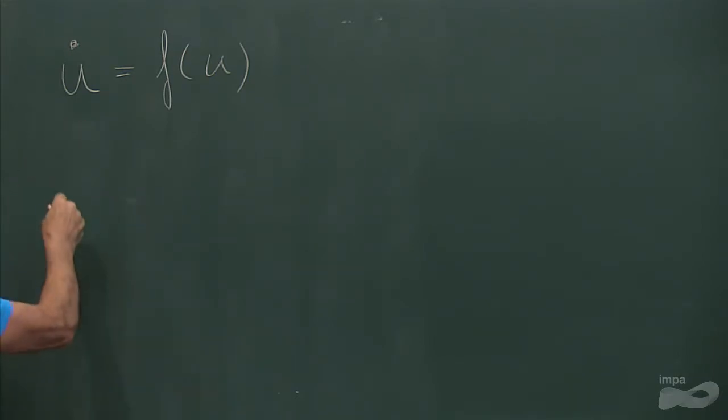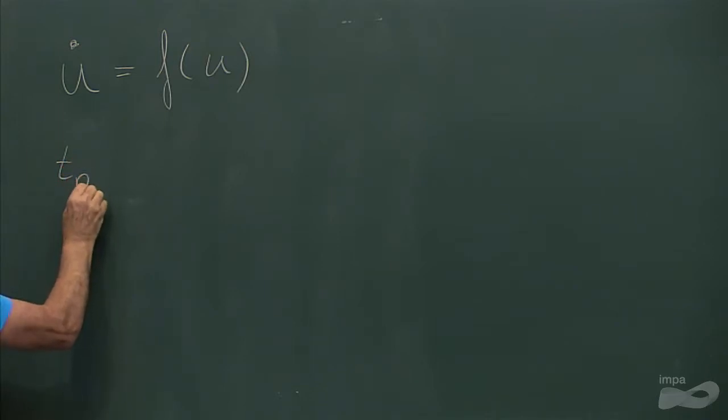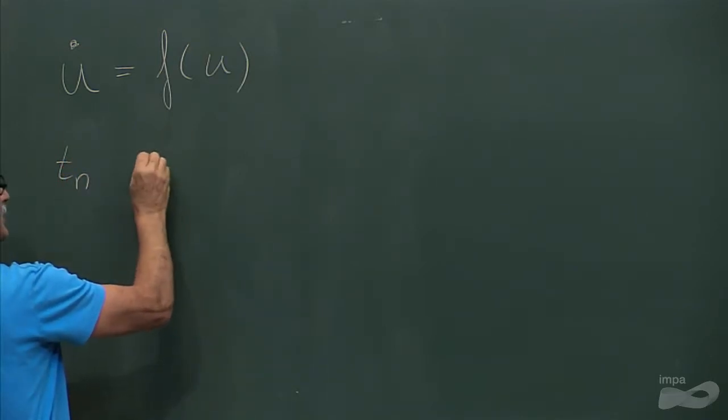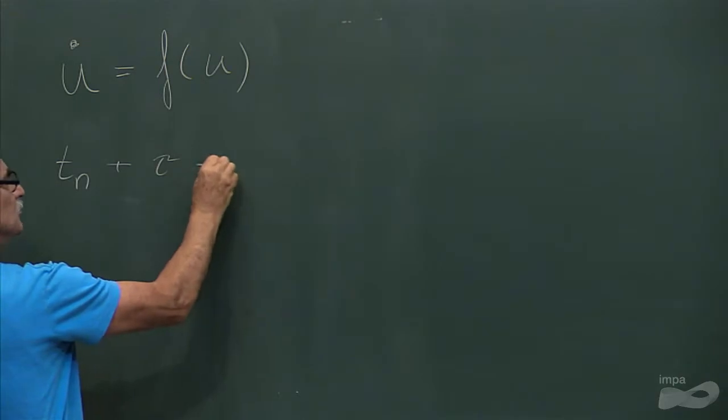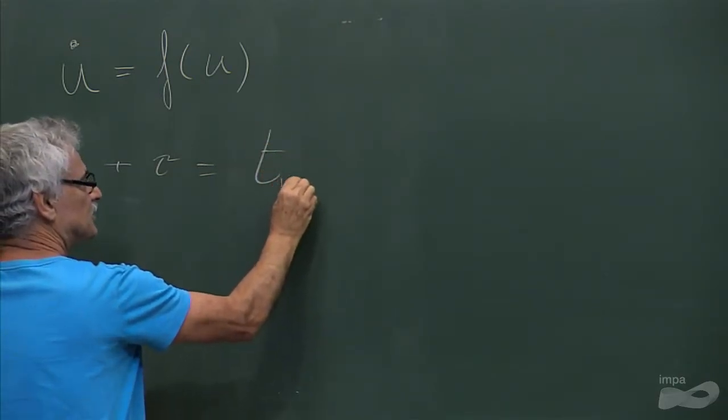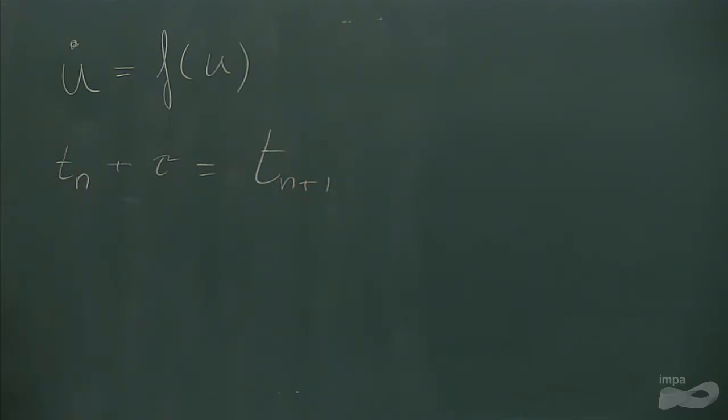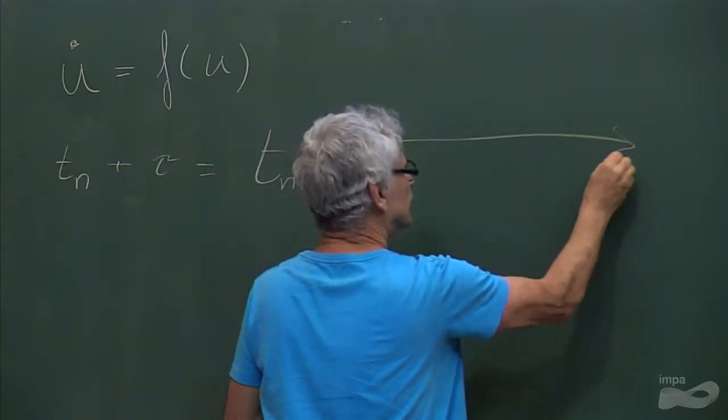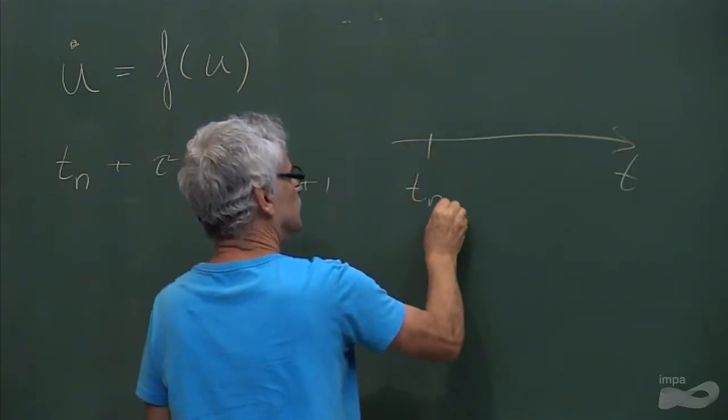I'm now at the time step tn, and then I take a step size tau, and that will be my next time level, n plus 1.